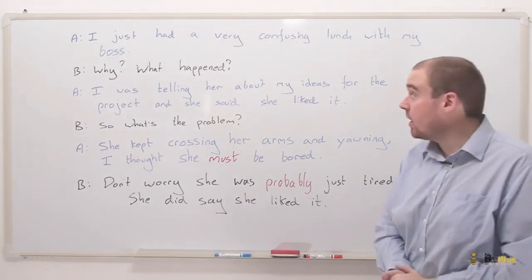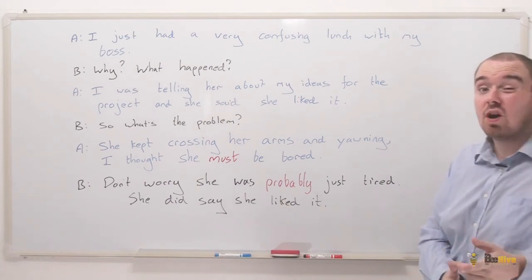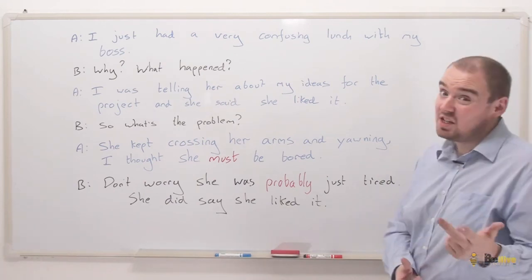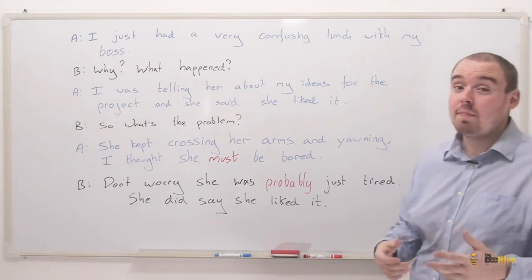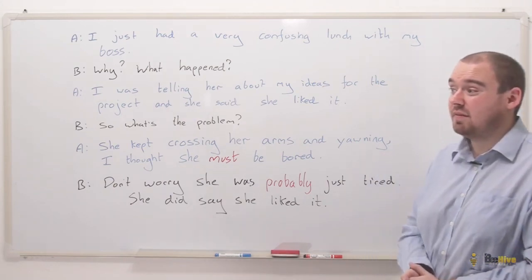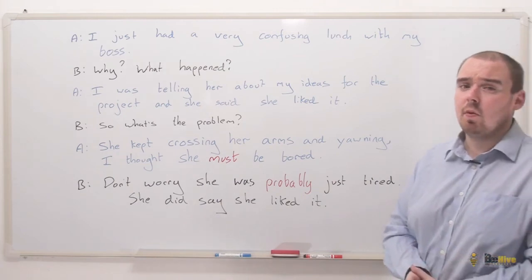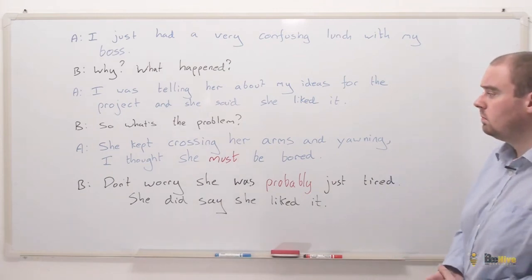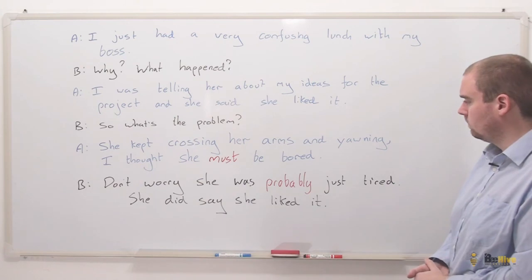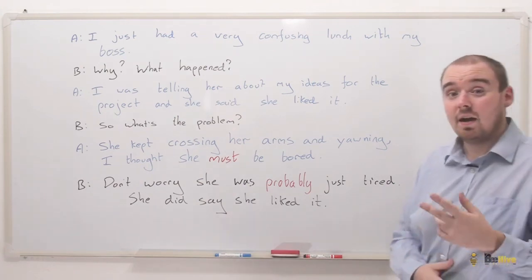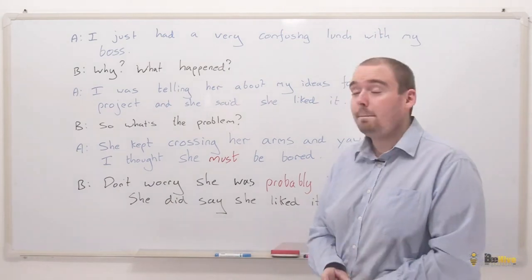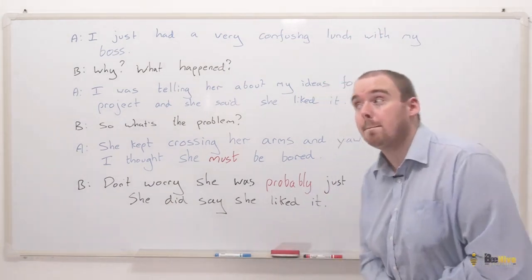I was telling her about my ideas for the project, and she said she liked it. She kept crossing her arms and yawning. I thought she must be bored. Okay? All right, now I will be person B. So you start.